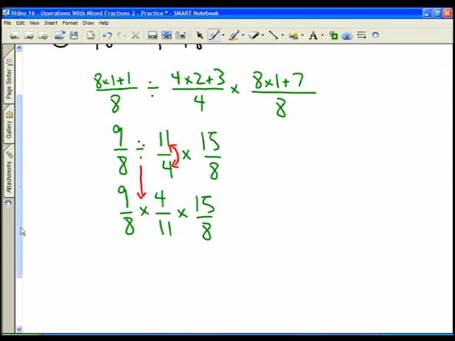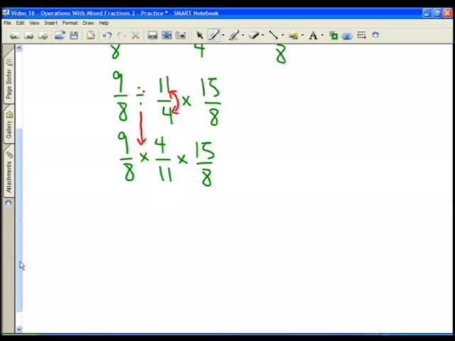And now we can do a little bit of reducing here, but not much really. We know that 4 goes into 4 once and 4 goes into 8 2 times, and I could have used either 8 there. And now we have 9 times 15 over 2 times 11 times 8.